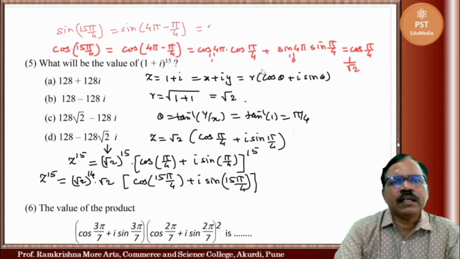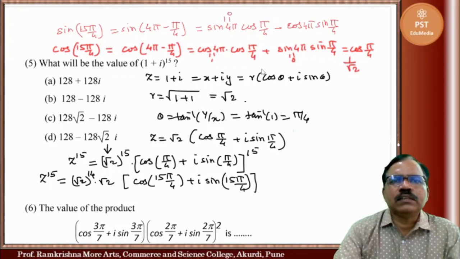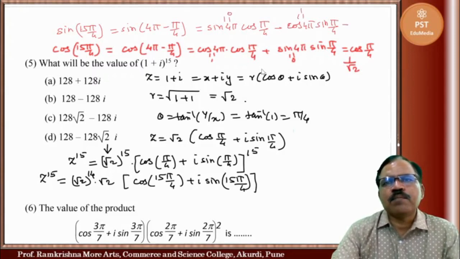So we get here sin 4 pi into cos pi by 4 minus cos 4 pi into sin pi by 4. Now sin 4 pi is 0 and cos 4 pi is 1. So you will get minus sin pi by 4, so it is minus 1 upon root 2.